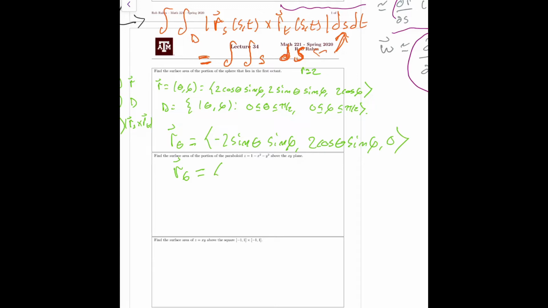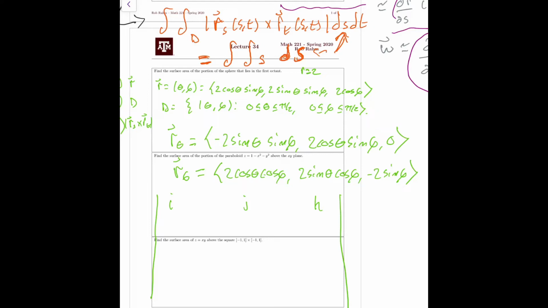And r phi is equal to 2 cosine theta cosine phi, 2 sine theta cosine phi, minus 2 sine phi. And so now we want to do the cross product, i, j, k.